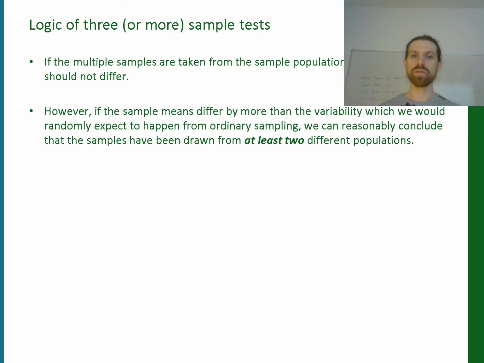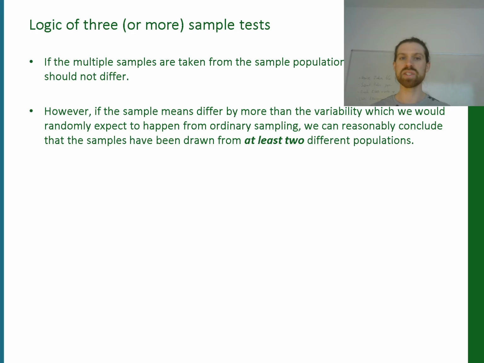So the logic of this test is very important. I'm just going to run through it quickly before we get into the actual math. If the samples that we have are taken from the same population, then the theory is that the means won't differ. So if I told you to go out and sample house prices from a particular area, if it's all from the same population, then there shouldn't be any differences between those samples that you collect.